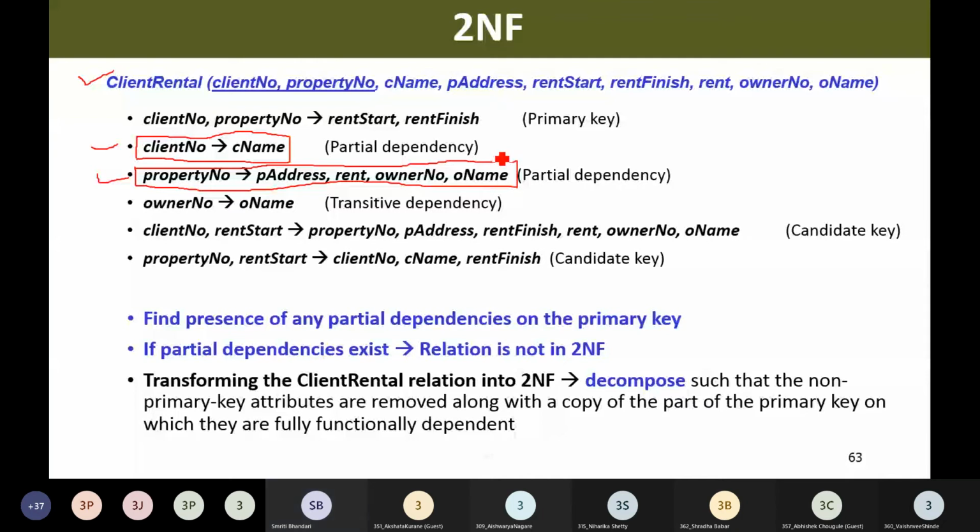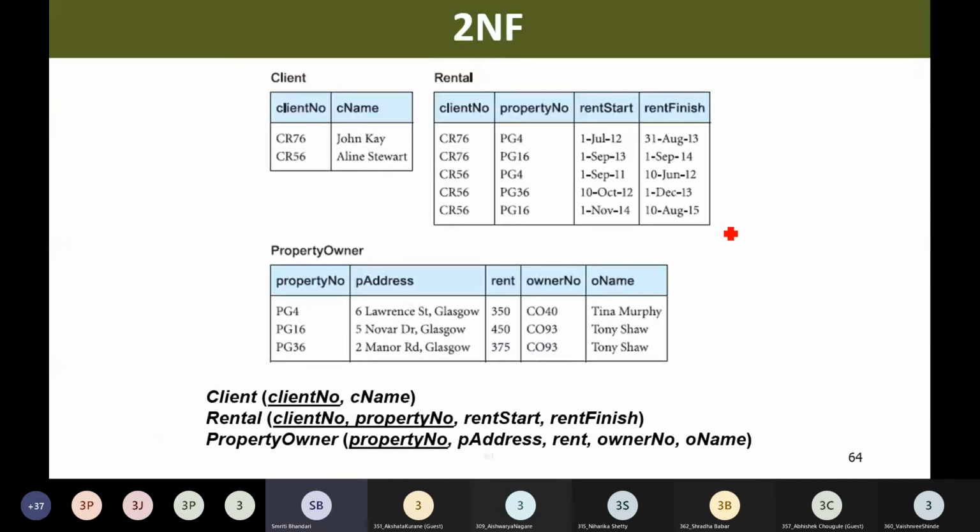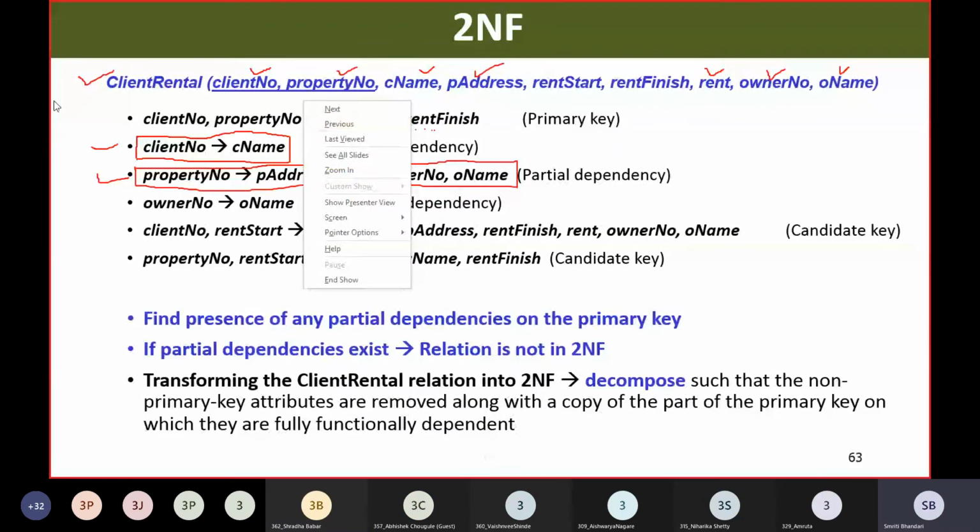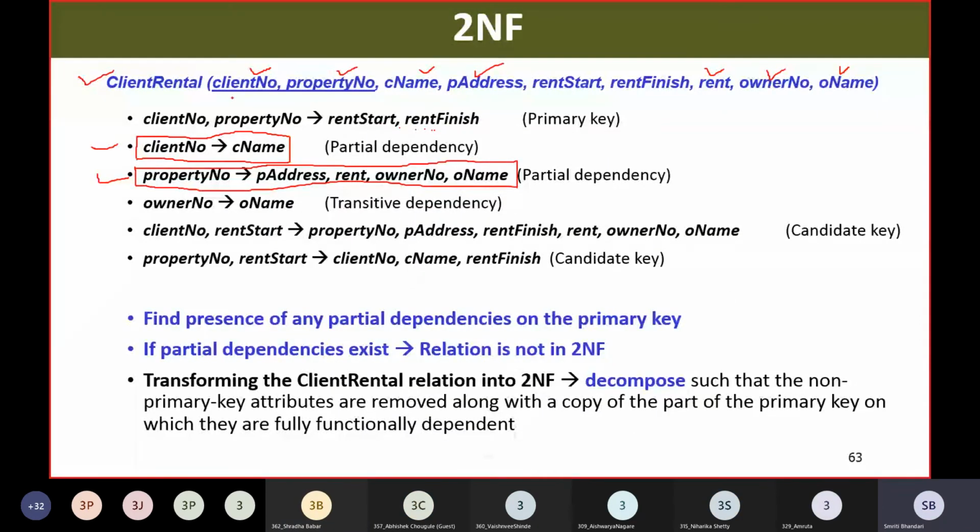For every partial dependency, we'll be having a separate table, and all remaining attributes along with the primary key will go in one more table. So for this client rental relation, we will be having these three tables now.